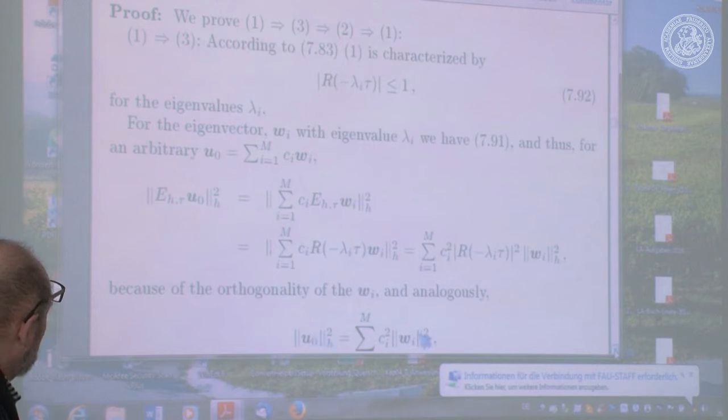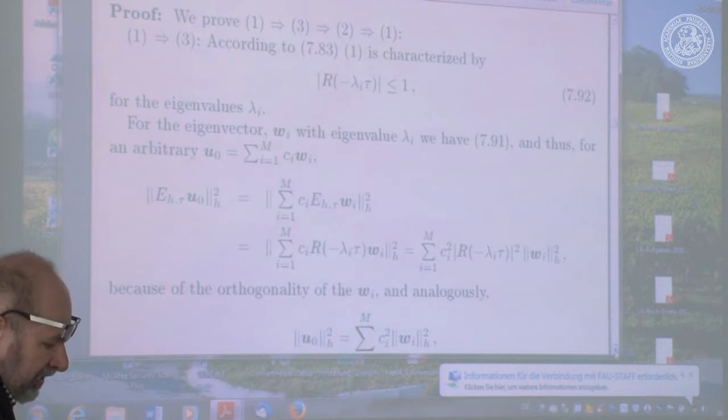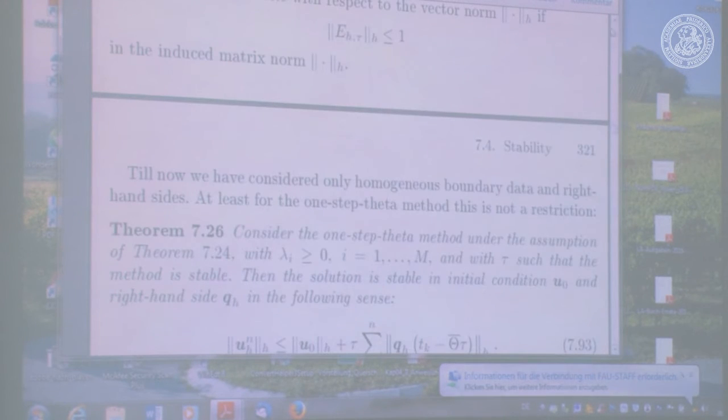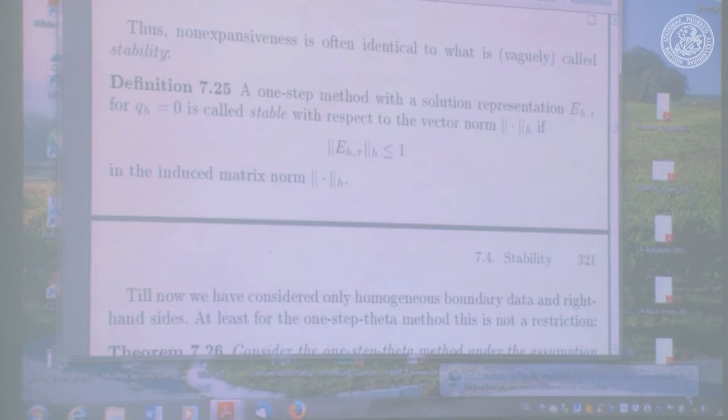That's exactly the same argument. So if we now compare, what has happened is this factor has come in addition into the sum. But this factor is less or equal to 1, so we can estimate this part here by this part. And so we have now estimated, oops, where are we?